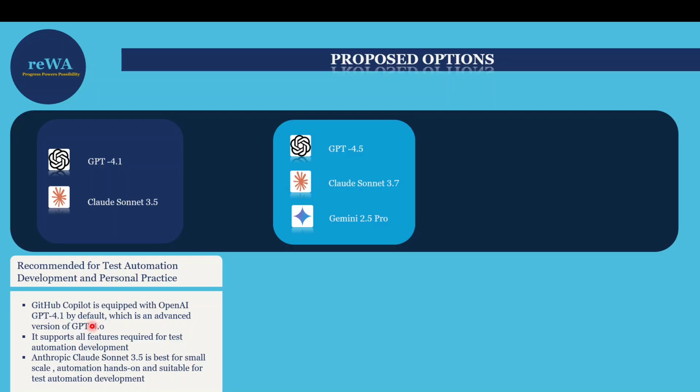These are the other options, just for your awareness: 4.5, 3.7 and 2.5 Pro. These three are for very complex level coding and algorithmic development. They will support it heavily, and are recommended for large scale coding, complex coding and deep reasoning.